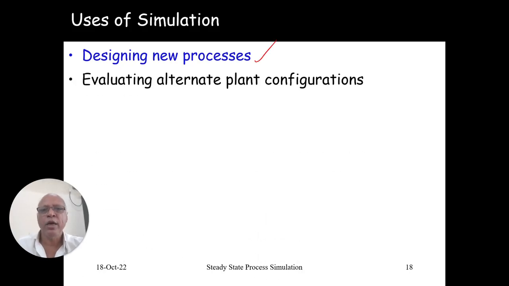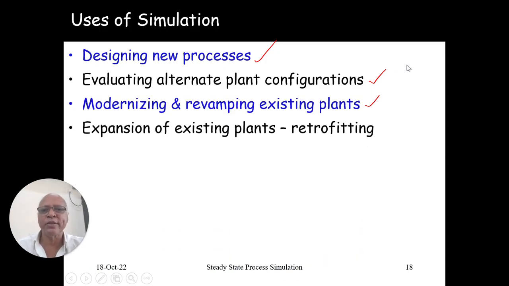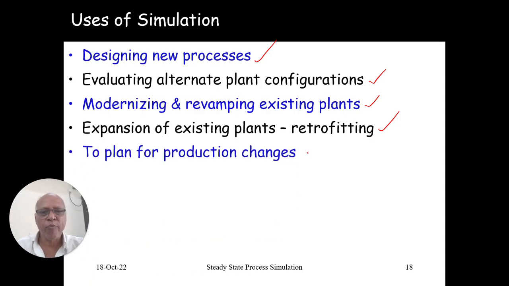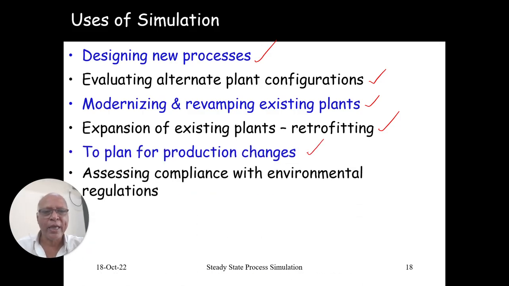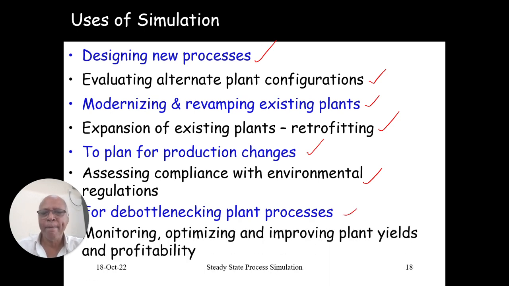So if you go into the details, what are the different types of uses for process simulation? You can design a new process. You can evaluate different plant configurations, modernize and revamp existing plants, expansion, in other words it is called retrofitting, plan for production changes, assess compliance with environmental regulations, debottlenecking, monitoring, optimizing and improving plant yields and profitability.